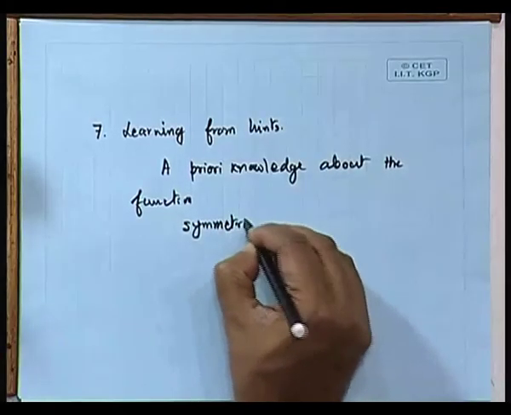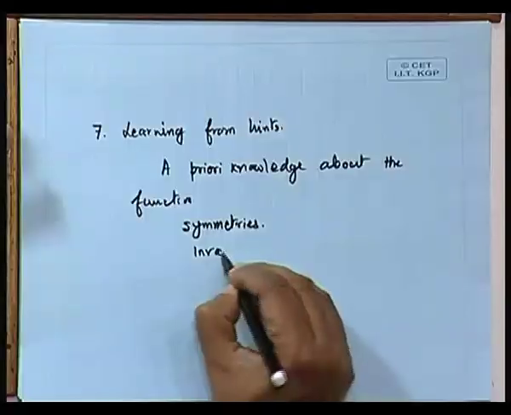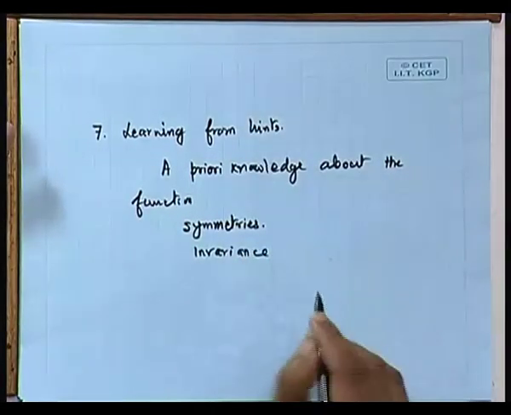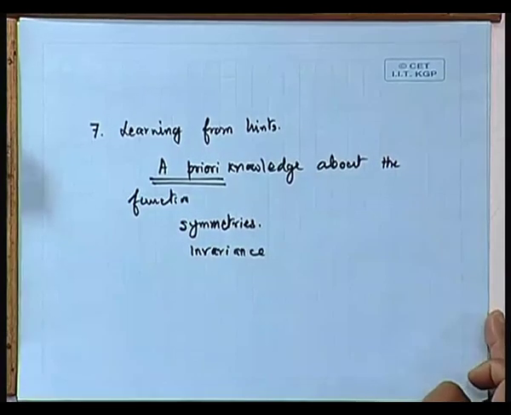Supposing we know that a function is odd symmetric about the point 0, or it is even symmetric, or if the function is invariant with respect to some of the parameters. So, symmetries, invariance, and several such a priori ideas can be imparted into the training process so as to make the performance better. And this is exactly what we mean by learning from hints.